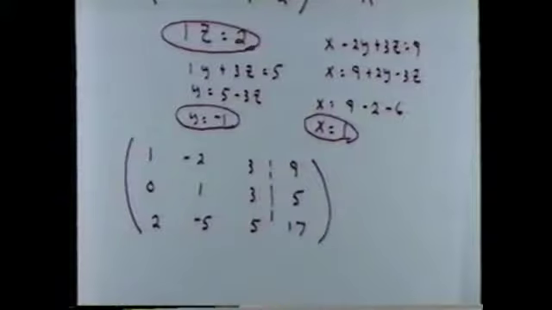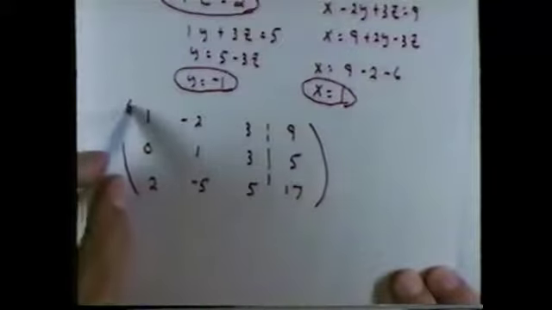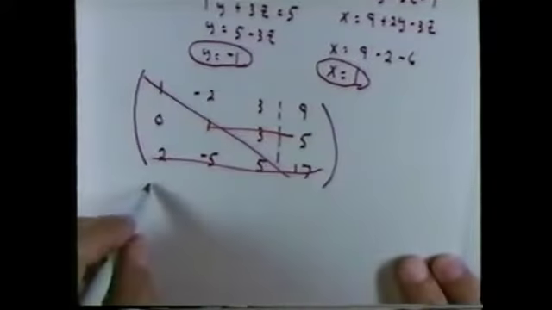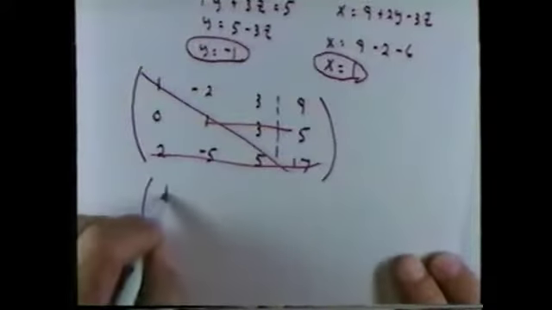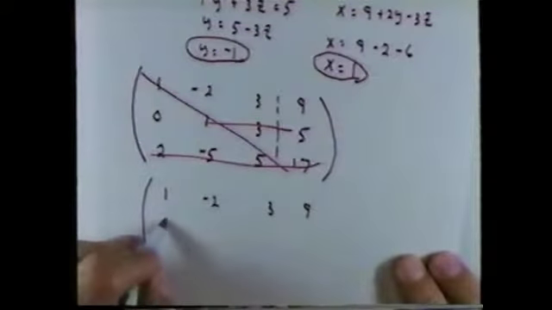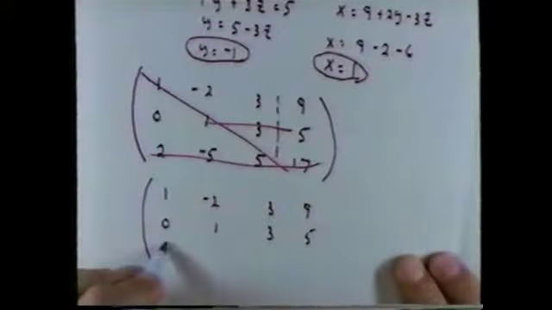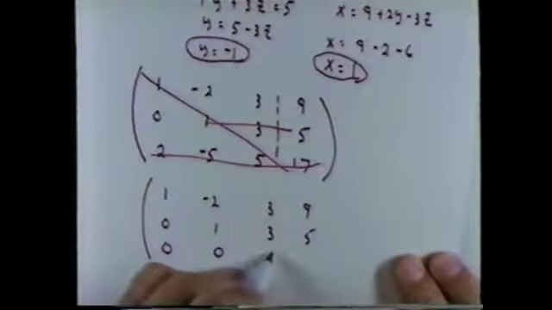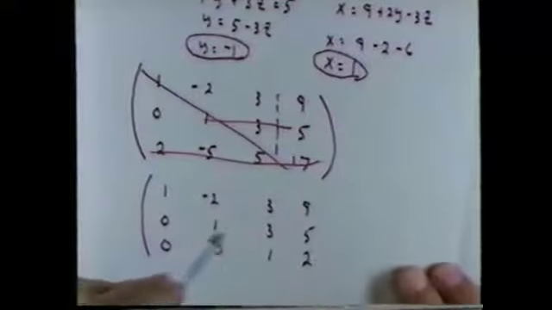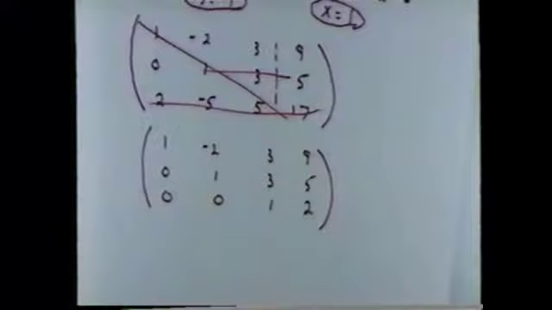This matrix is in row echelon, I'm sorry, no, I copied down the wrong one. This matrix is not row echelon form. The one that was row echelon form was 1, negative 2, 3, and 9, 0, 1, 3, and 5, 0, 0, 1, and 2. So that was row echelon form.